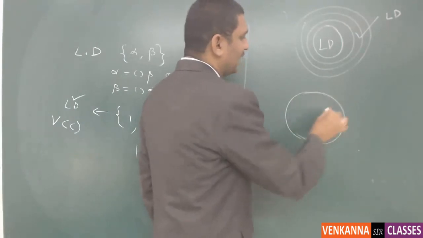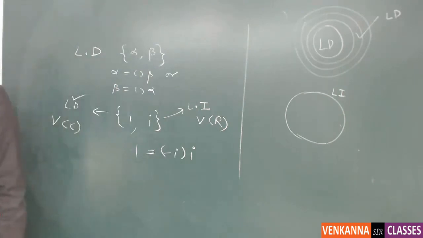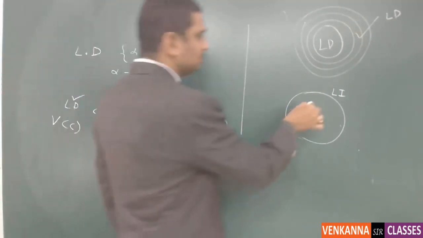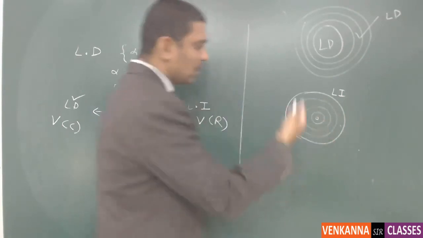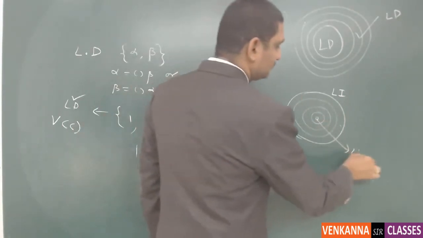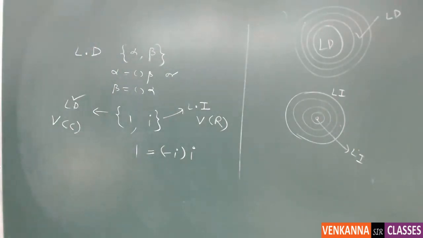Now I have taken an LI set, a linearly independent set. If you take any subset of it, all these are LI. So what is the second result? Every subset of a linearly independent set is linearly independent.